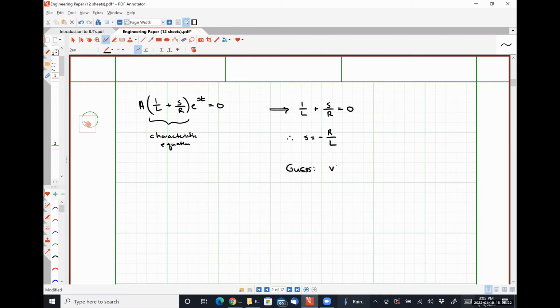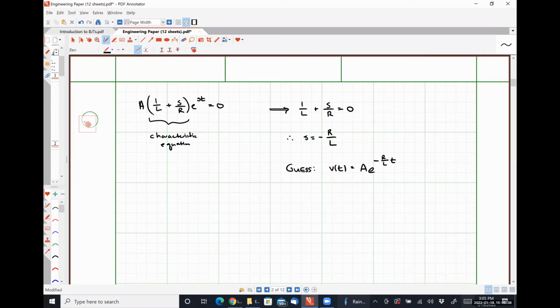So that V of t in this case was A e to the negative R over L t, okay?